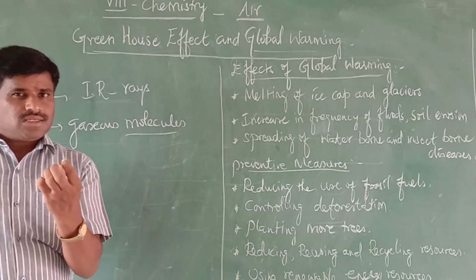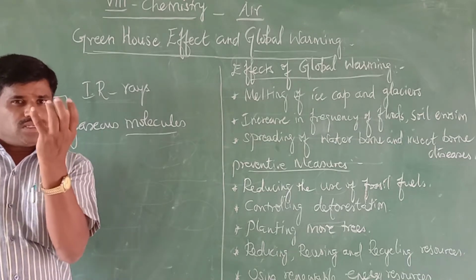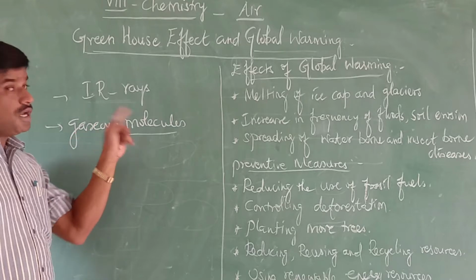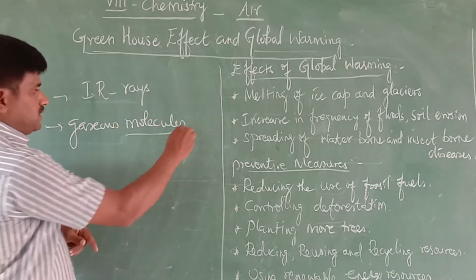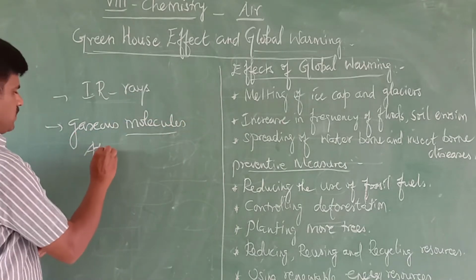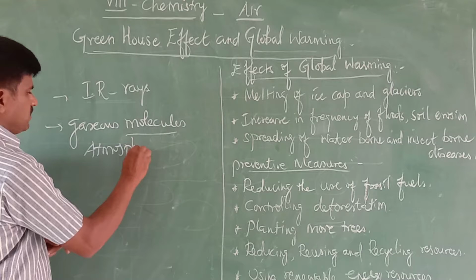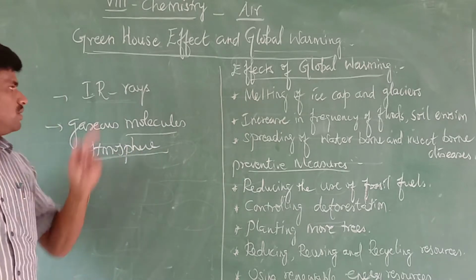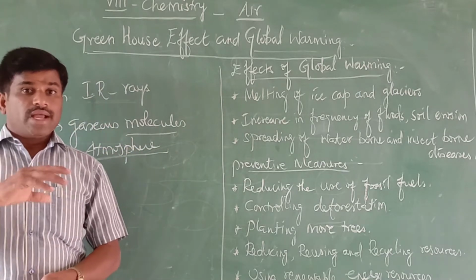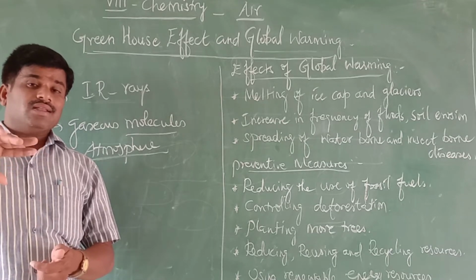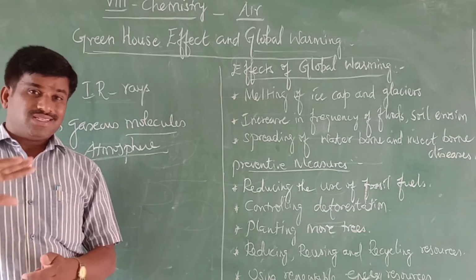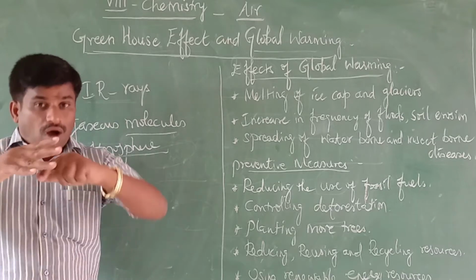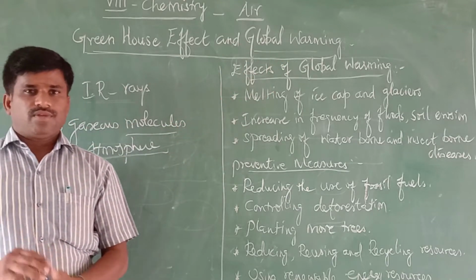When these IR rays reach the atmosphere region, there are gaseous molecules present in the atmosphere. When the gaseous molecules absorb the IR rays, the IR rays are re-radiated, that means heat energy is released in all directions of the atmosphere.